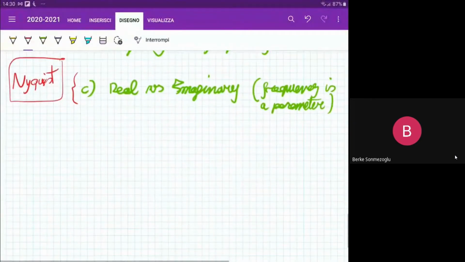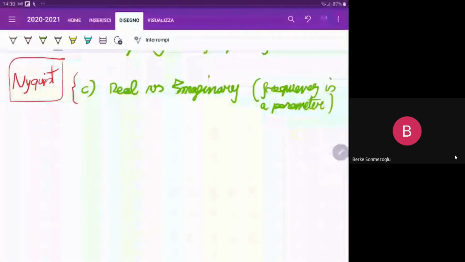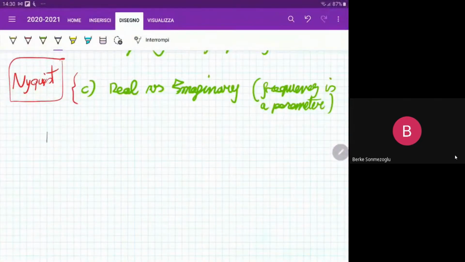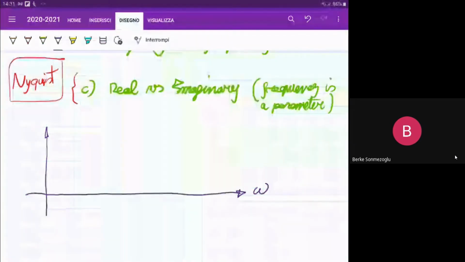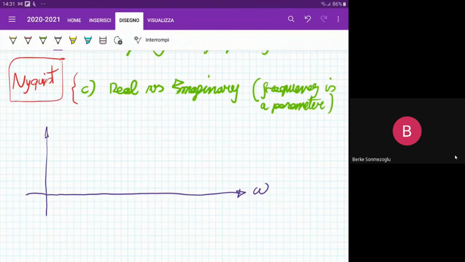And typically what we do here is just make a very easy plot, in which I have on the y-axis the omega, the running frequencies, and on the x-axis, for example, I can have the amplitude of your FRF, something like this.